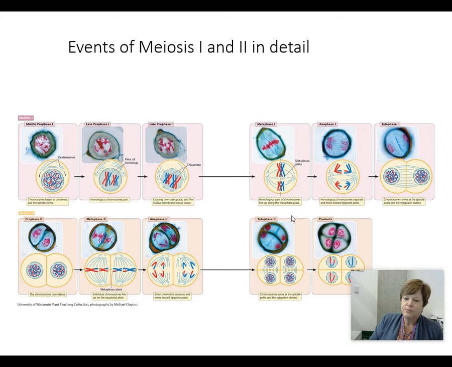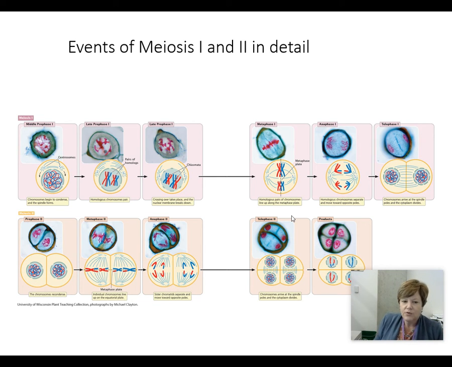Anaphase 1 does not pull apart any of the centromeres. But in metaphase 2, the chromosomes are dyads, and they align so that the metaphase plate does split through the center of their centromere. And so when anaphase 2 pulls apart the chromosomes, it's pulling apart the sister chromatids away from each other.